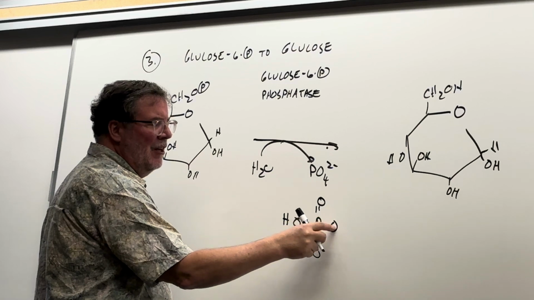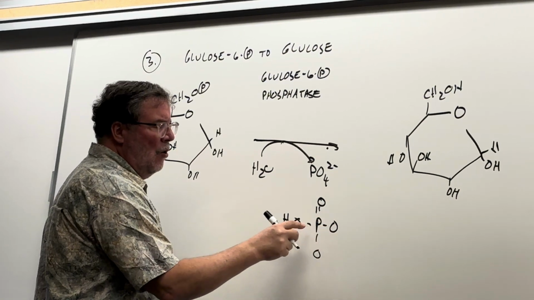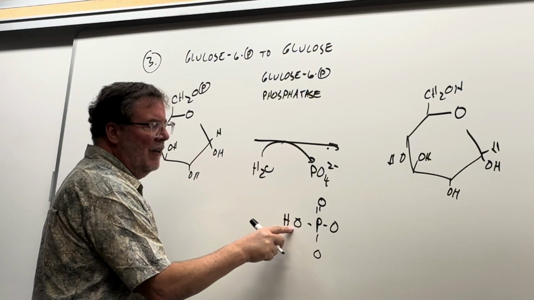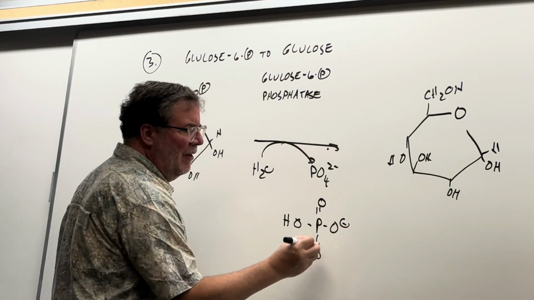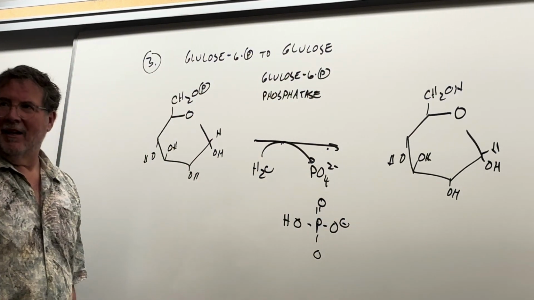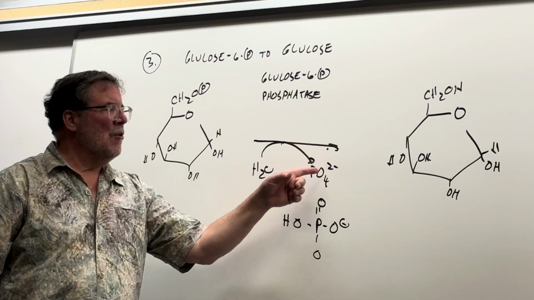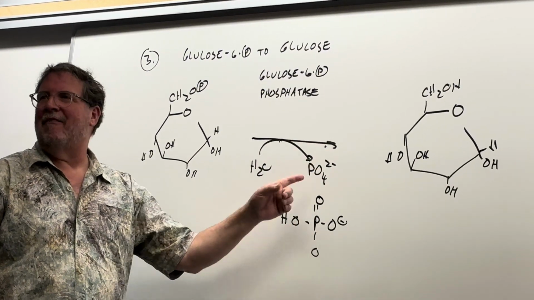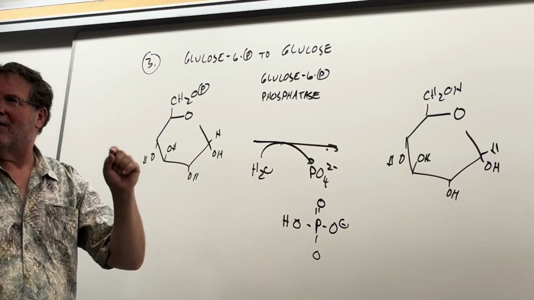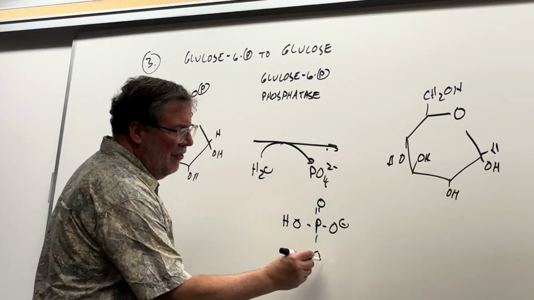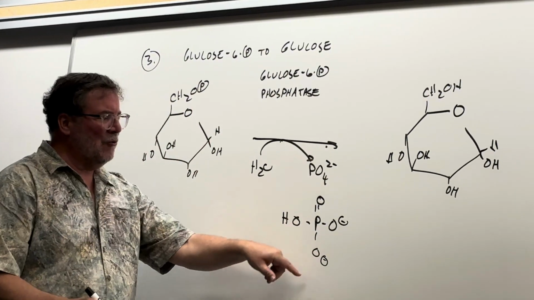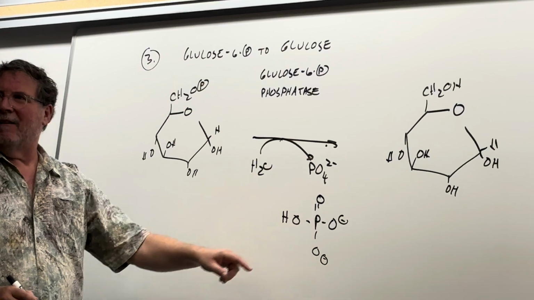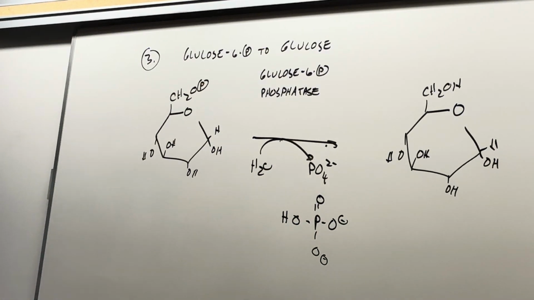Remember, the pKa's are such that one of them is definitely going to be protonated, one is going to be deprotonated, and the other one is going to be kind of half protonated. So it's really PO4 with 1.5 minus. There isn't really an exact number. So at our pKa, this one's going to be kind of on and off, and so it's going to have a partial negative charge.